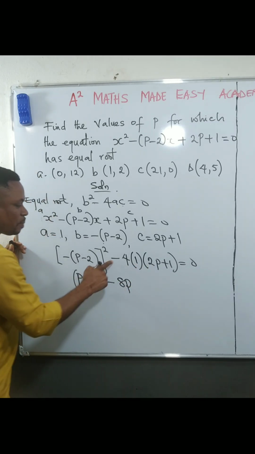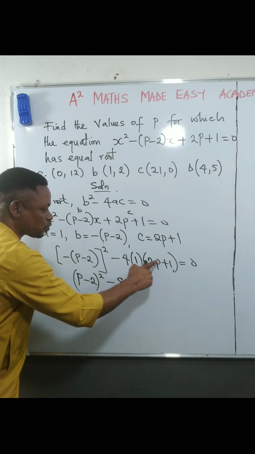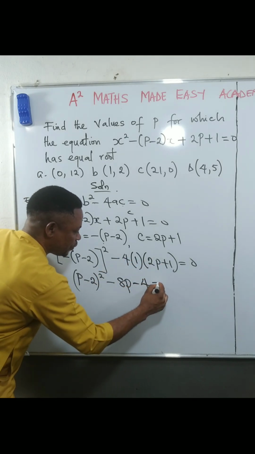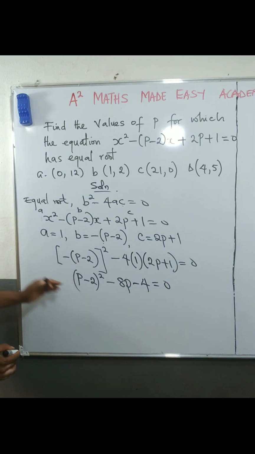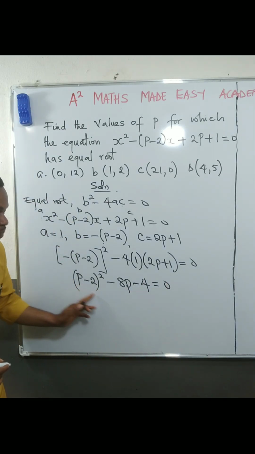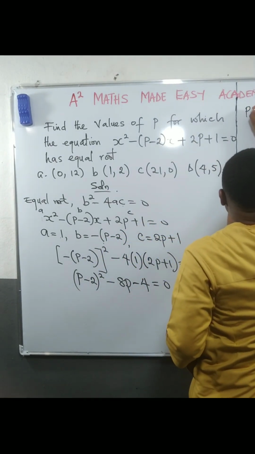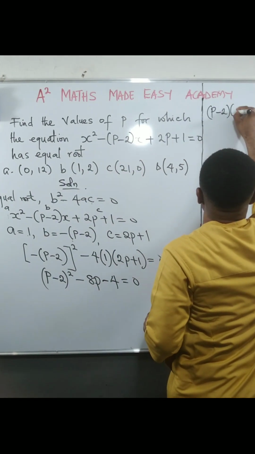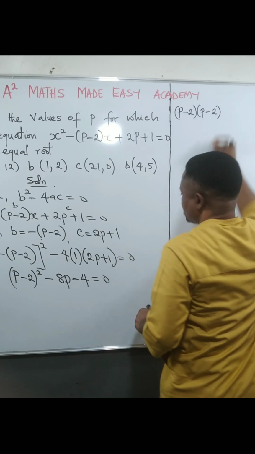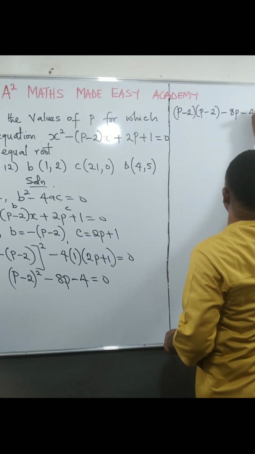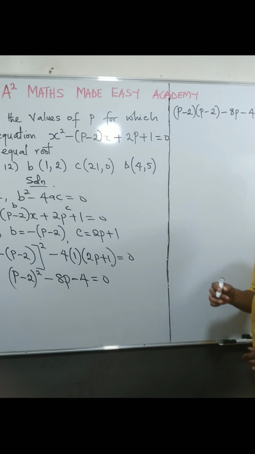Then minus 4 times plus 1 will give us minus 4. Everything should be equal to 0. Now what do we do next? We expand this twice: (p minus 2)(p minus 2), then minus 8p, then minus 4, equal to 0. Are you with me?